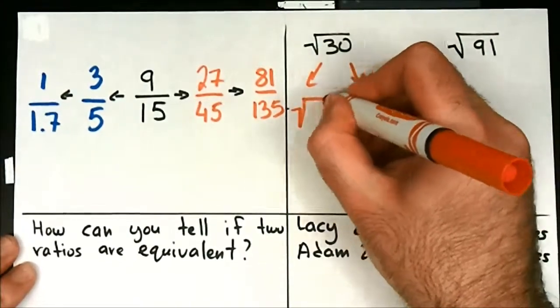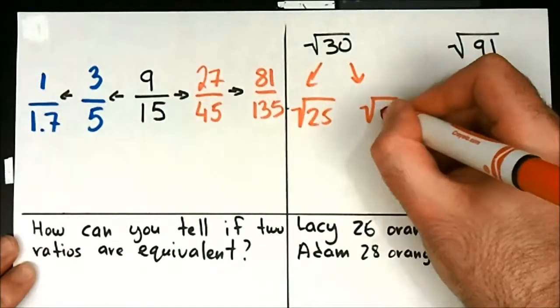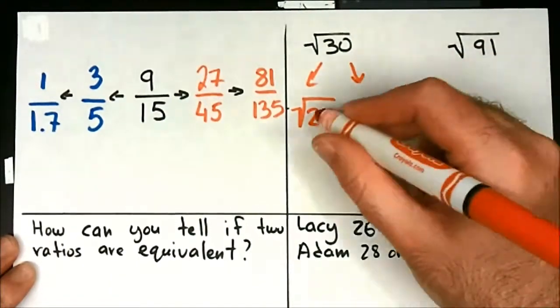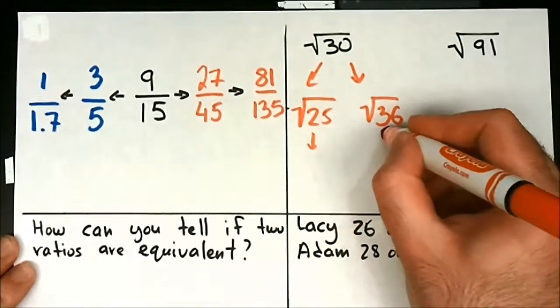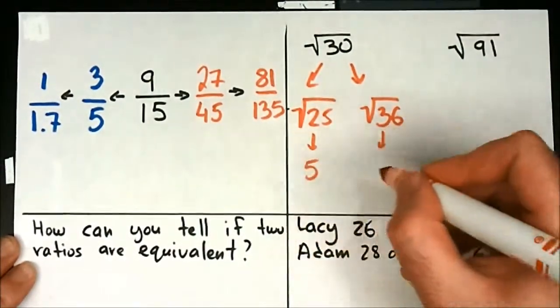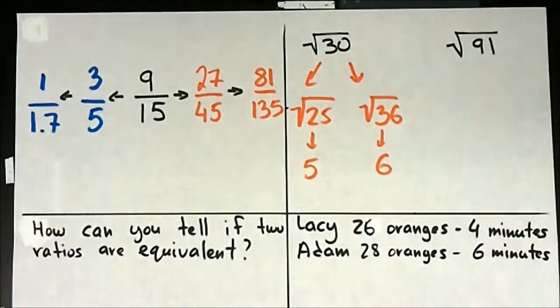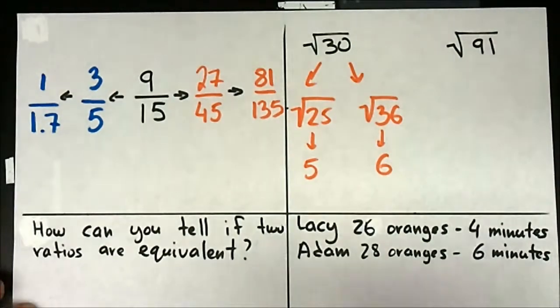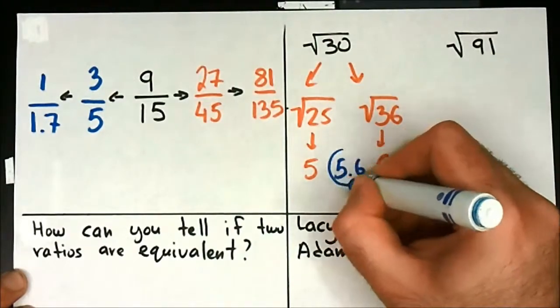Well, 30 is right in between 25 and 36. And what are the root answers for 25 and 36? For 25 it's 5. For 36 it's 6. So in this case, what is my estimated answer for the root of 30? 5.6, right in between the two.